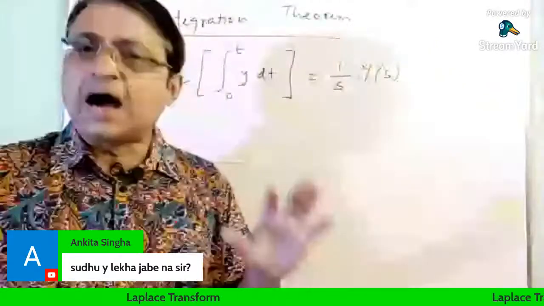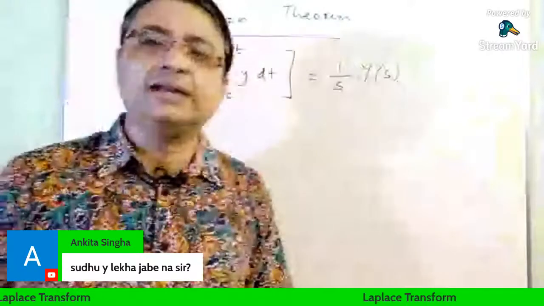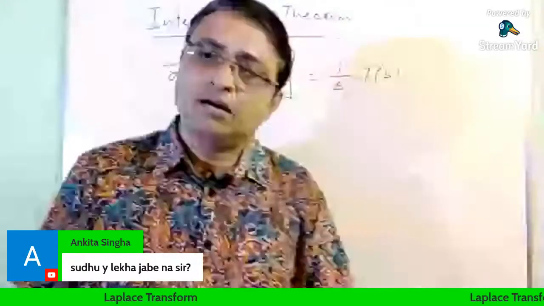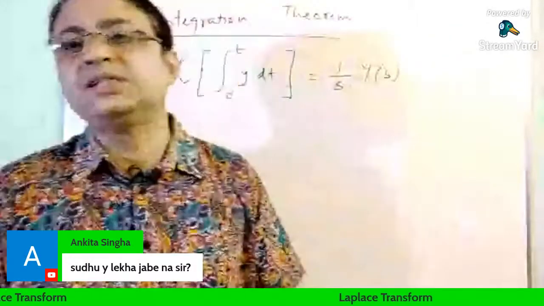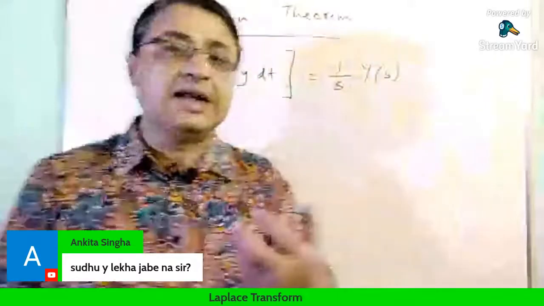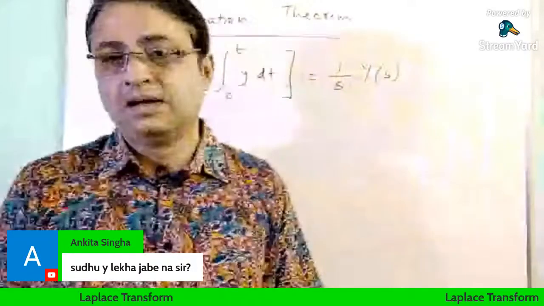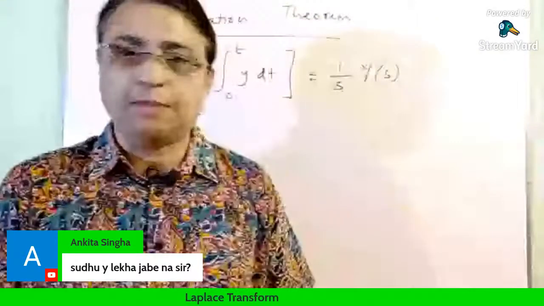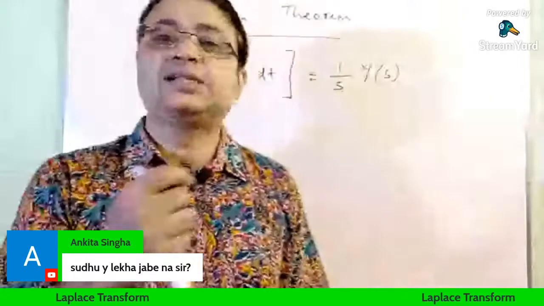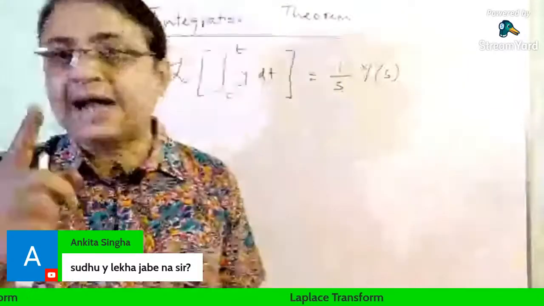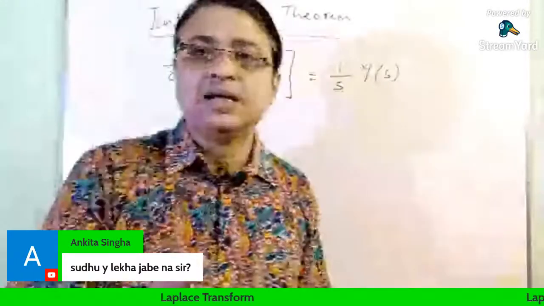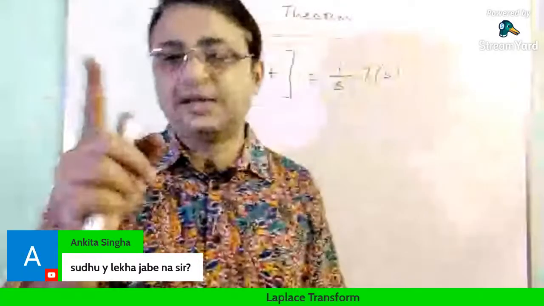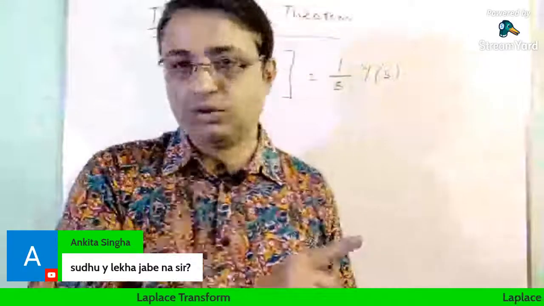Ideally, in circuit theory, whenever we connect a capacitor, we assume that initially the capacitor is discharged, but practically that is not the case. In a practical circuit, a capacitor may contain some initial charge. That initial amount of charge can be represented by y(0), where the zero comes from time t equals 0.